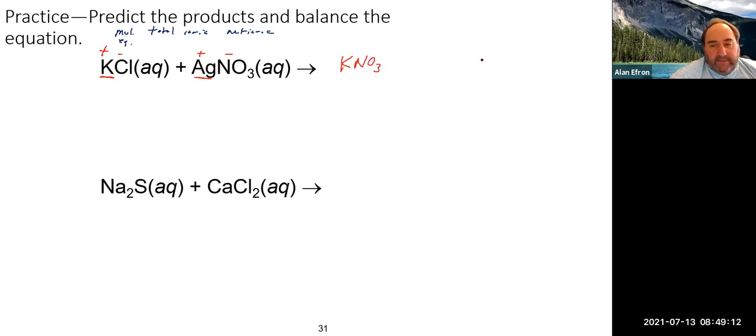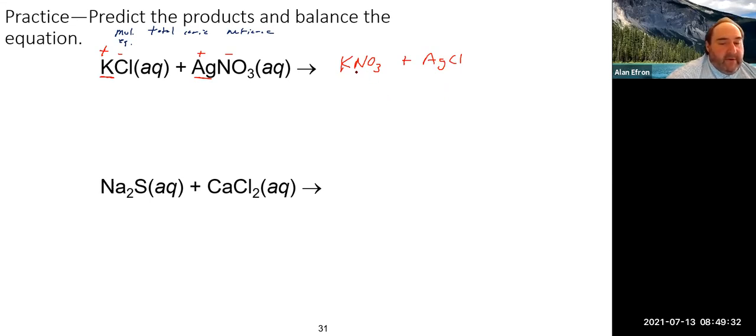Again, K+ and -1 from NO3-. The silver, which has a charge of +1, will then hook up with chloride that has a charge of -1. So +1 and -1 means we just need to put one of each of those together.